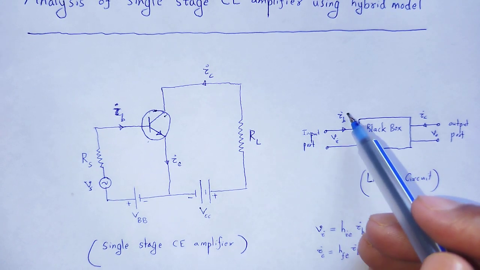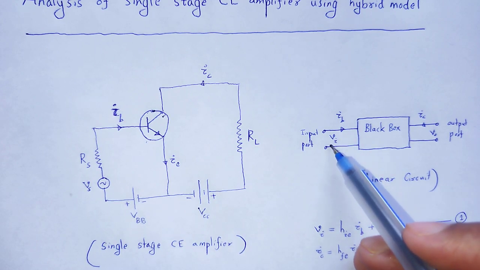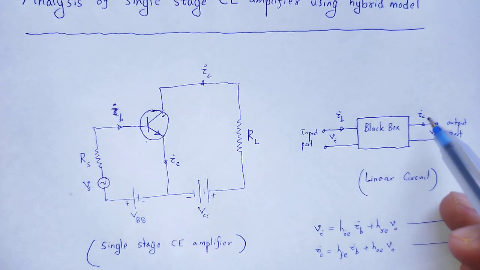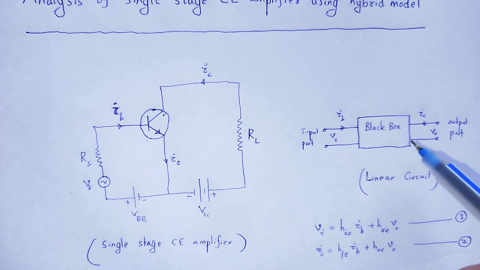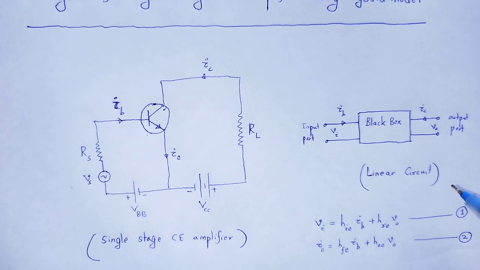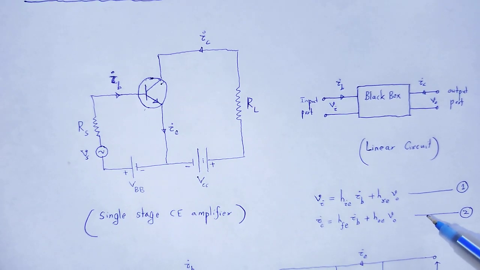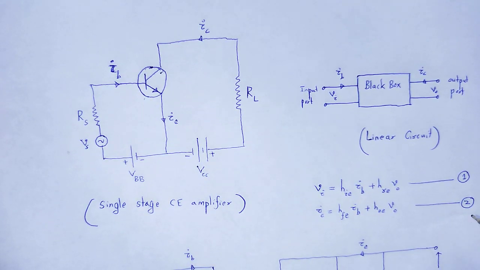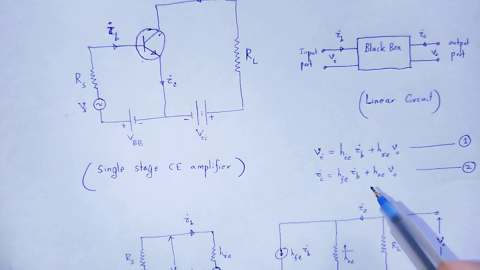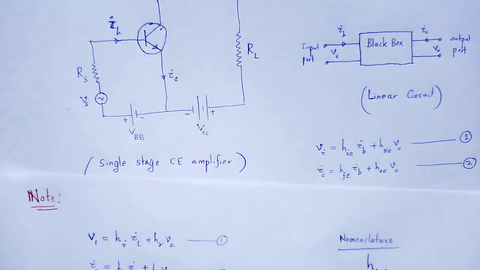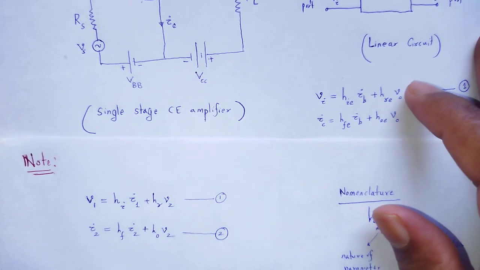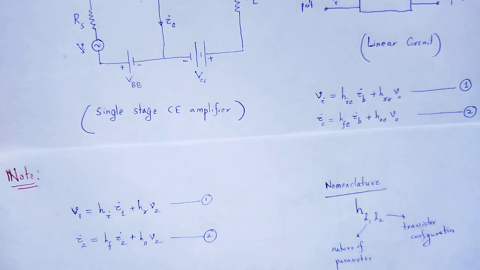Here we have input port, input voltage, input current, output port, output voltage and output current, that is the linear circuit. By using that black box we write two equations for the hybrid model H parameter, just as we previously derived.